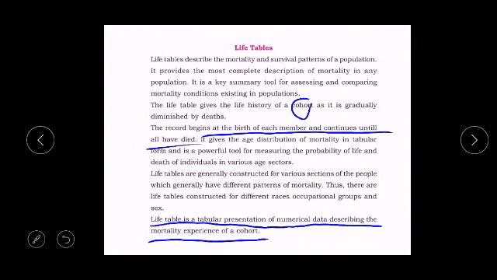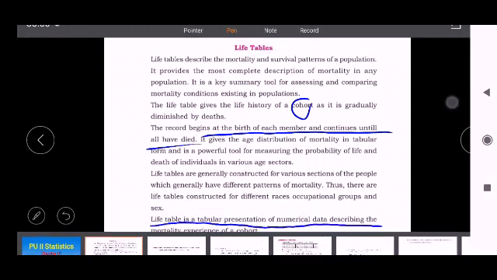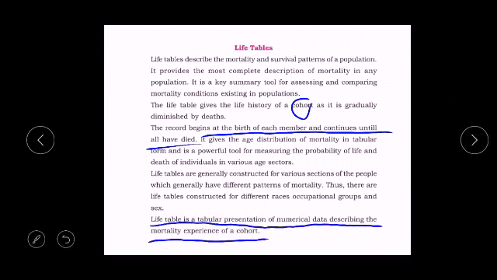If we take the same example, in a village 1,000 babies are born in one single day, and all babies are put in one table. One baby died the first year, and the next year 5 babies died, and the next year a few more babies died. Like that, until all the babies born on the same day die, this table will continue.